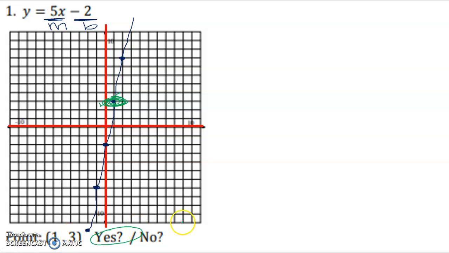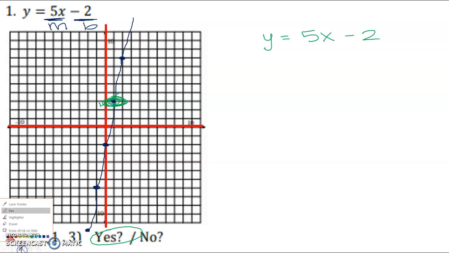So we're going to take the equation that we were given, y equals 5x minus 2, and then we're going to substitute the value that was given to us. So we know that our x value is 1.